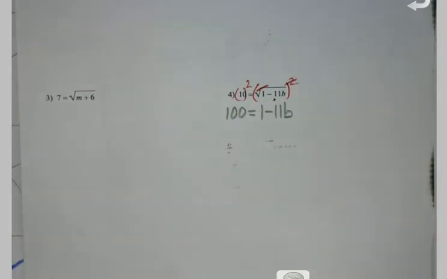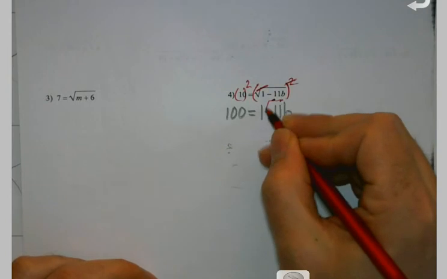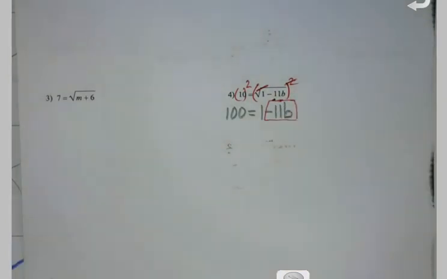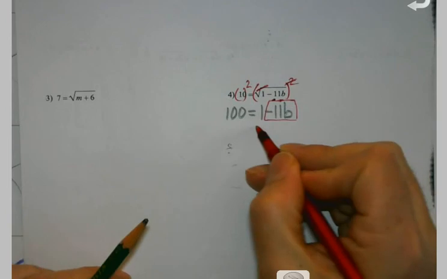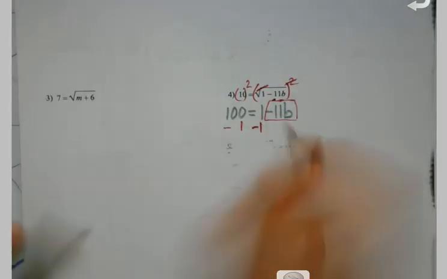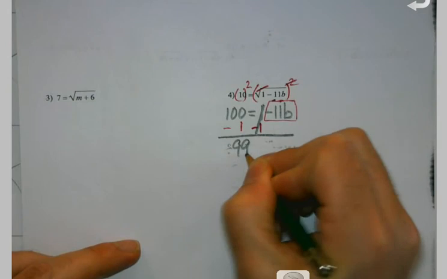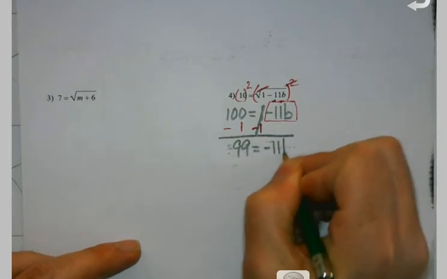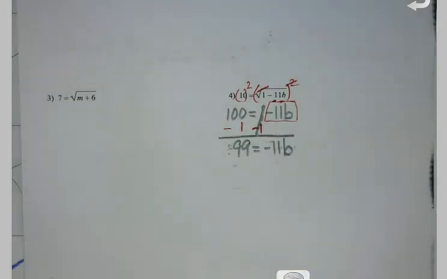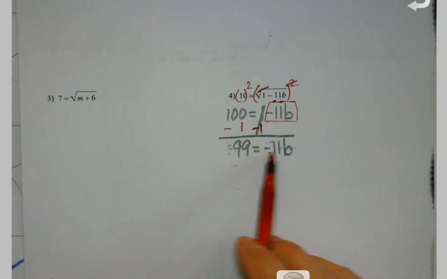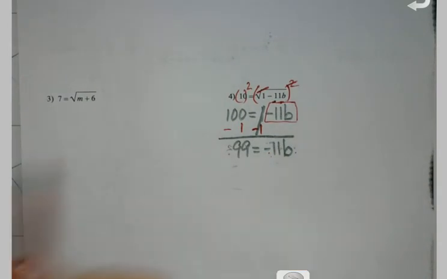I'm like, all right, let's see. My goal is to get the b term by itself. Okay, I'm going to get the positive 1 out of there by doing its opposite. And I got to do it to both sides. And then, right, I'm not minusing 11 from b here, because I always did say b minus 11.